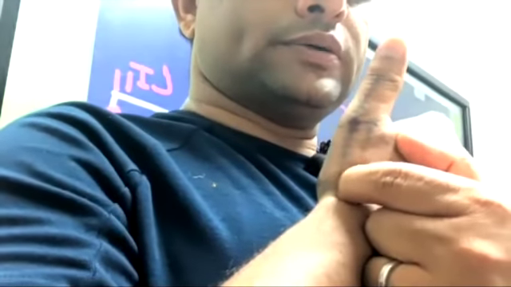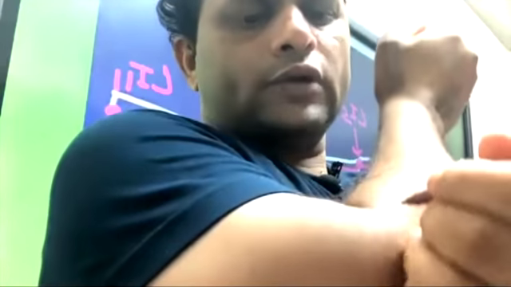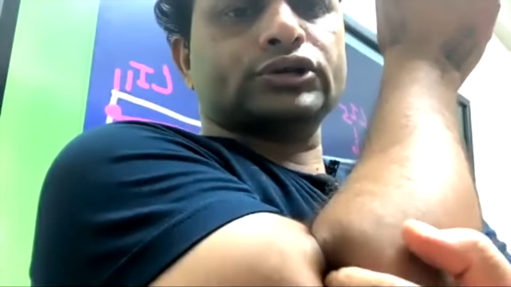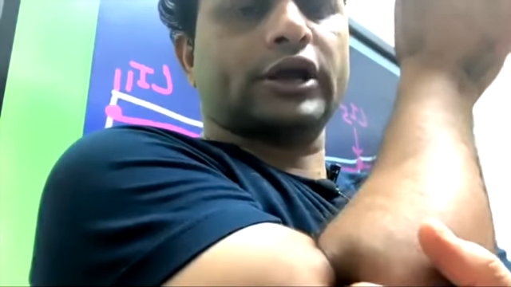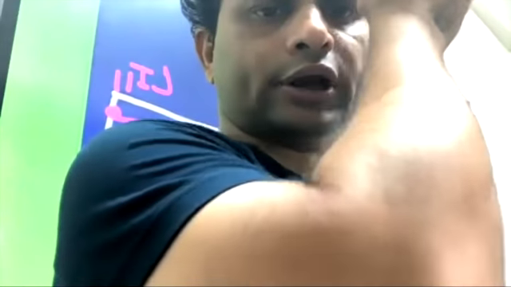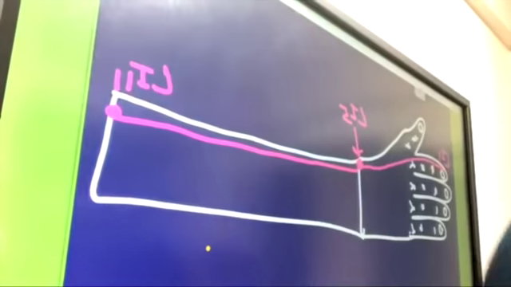Now, going ahead and reaching the elbow, this is the outer elbow crease. This is the location of large intestine 11, in the outer elbow crease. Let's see here, only 1 minute.